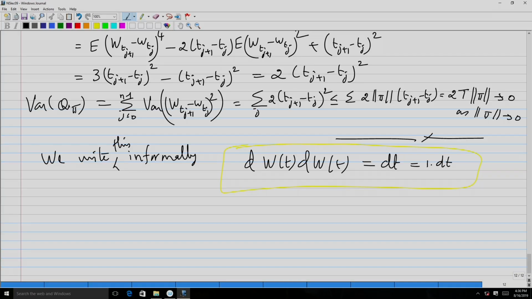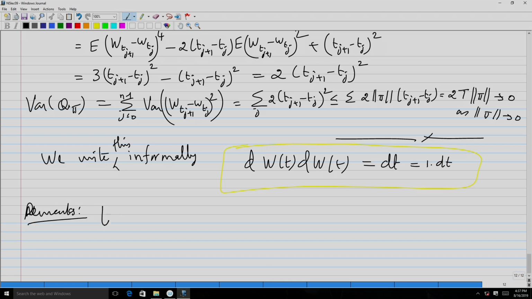Now, along similar lines, you can also show two other quantities. So, this is the quadratic variation of W with W, and these are further results along similar lines.